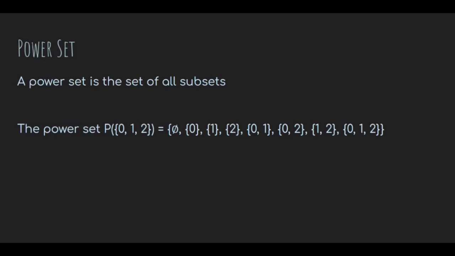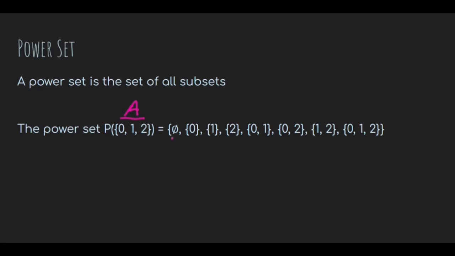A power set. A power set is the set of all subsets. So let's say, for example, we have the set 0, 1, 2. Let's call that set A for this example. Our set A, first it contains an empty set, right?